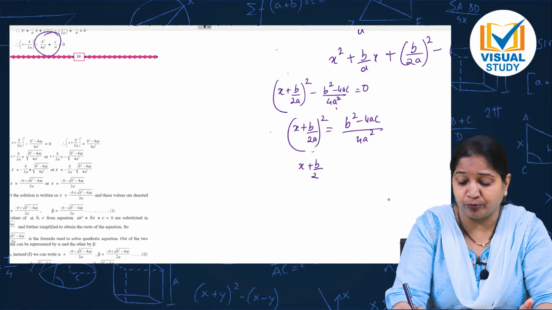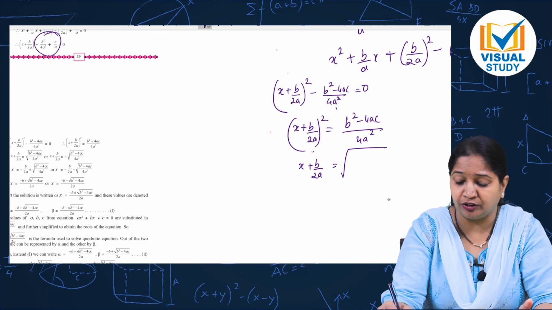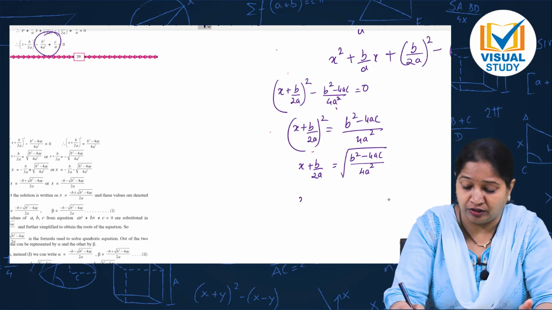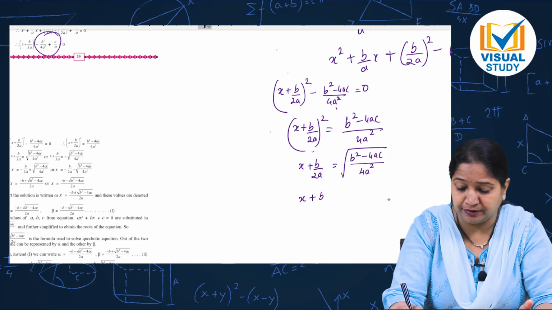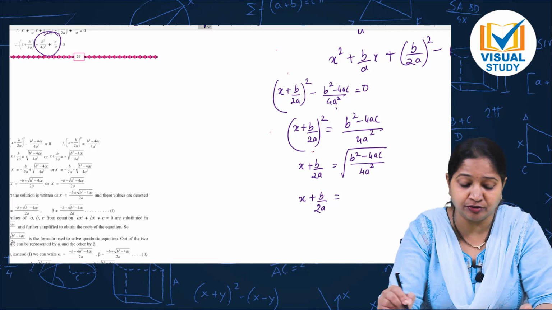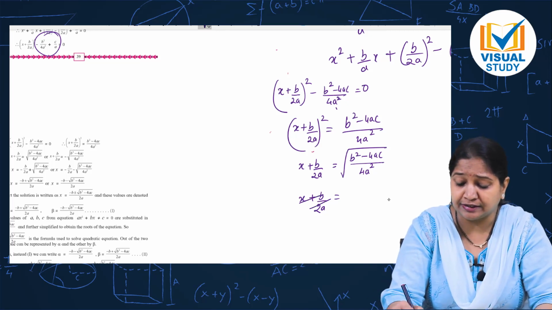Taking the square root on both sides, x plus b upon 2a is equal to plus or minus under root b square minus 4ac upon 4a square. Now you shift this to the other side, sorry.